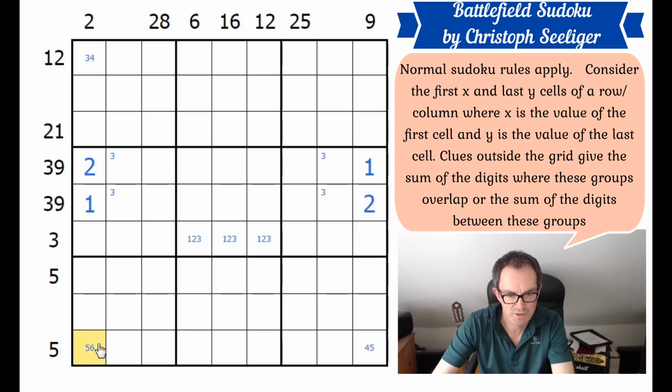Because you can see that just from the arithmetic we've been looking at. If this is a 5, this either adds to 9, which then has no gap or no overlap, or we repeat the 5 and we have 2 5s in a row. So that's just nonsense. This now has to be 6. And that fixes this one, because that's signalling this square. We need a 1 cell overlap, so that's got to be the 4.